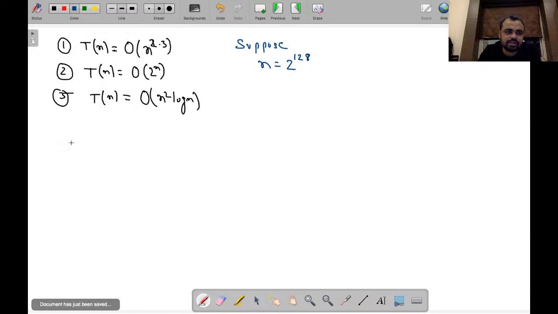In the first recurrence we are getting T of n equal to n to the power, and you can take some power 3, just replace the value 100.